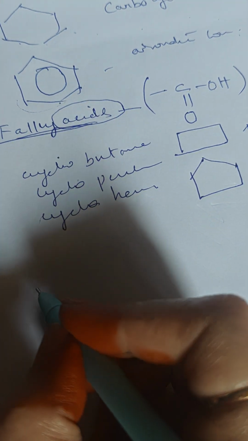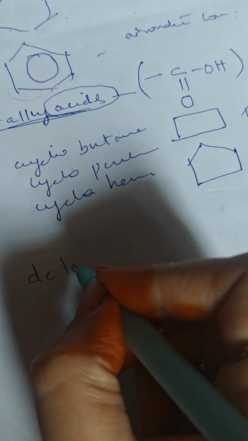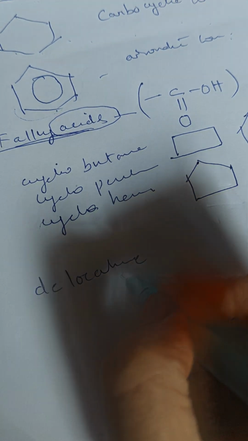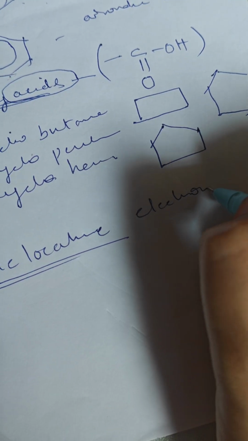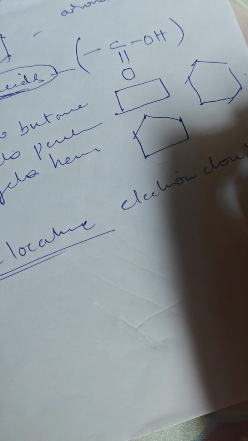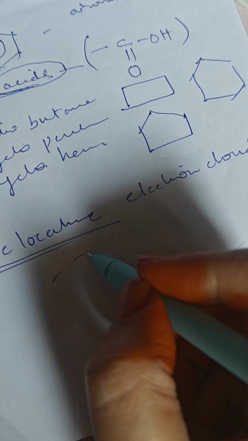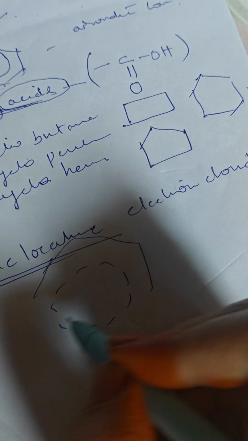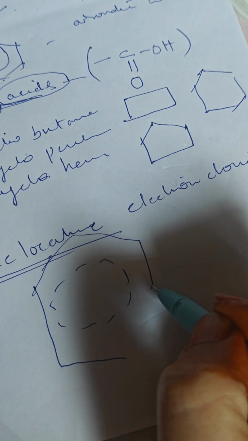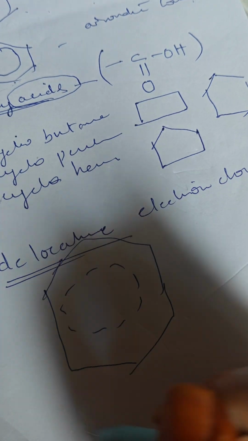And the third category has a delocalized electron cloud, which disperses throughout the cyclic structure.